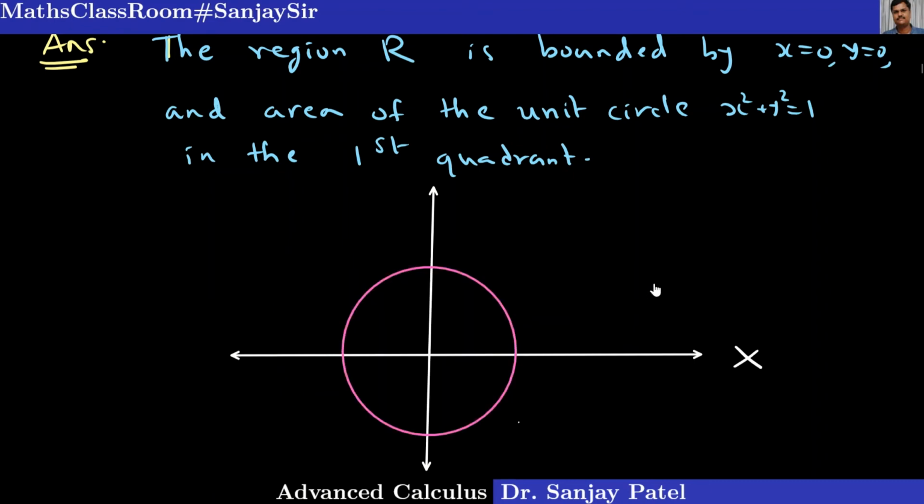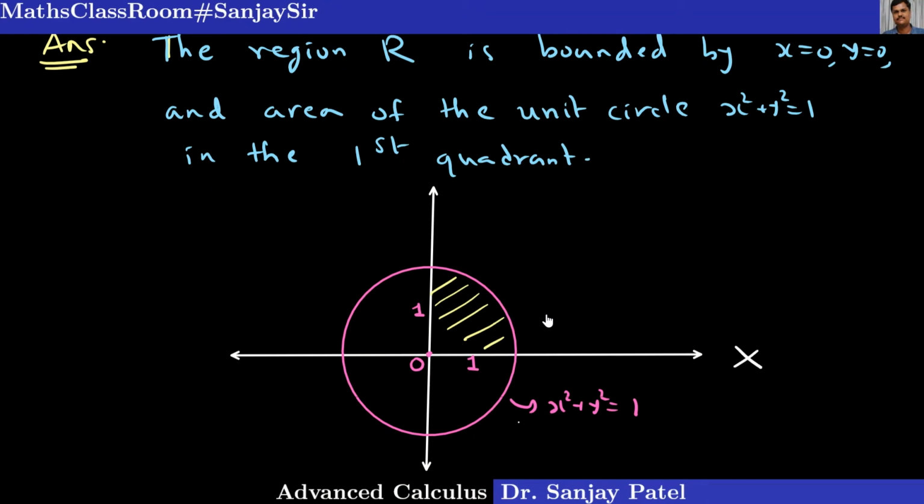Fine. So the region of integration is, this is x square plus y square equal to 1. This is the origin. Okay, so this is radius 1, and the region of integration is this area in the first quadrant. Okay, so this is the region of integration.